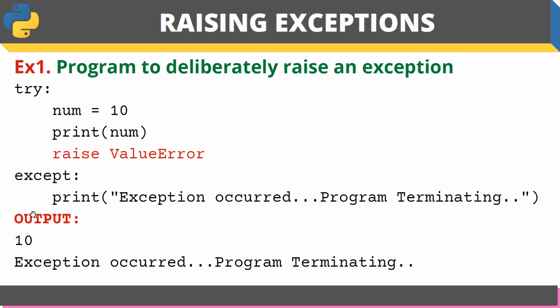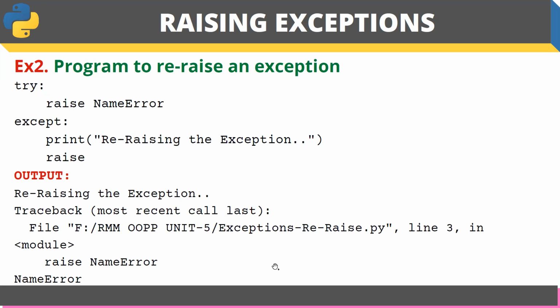When we execute this program, it will print 10, and then exception occurred, program terminating. Because we have raised the error here, it jumps to the except block and executes exception occurred, program terminating.